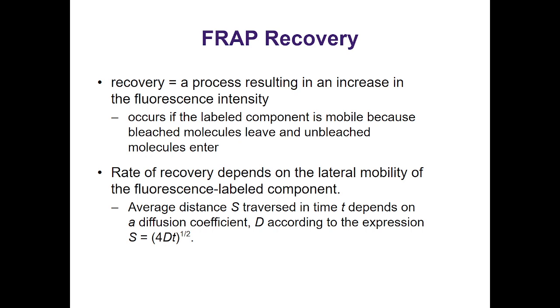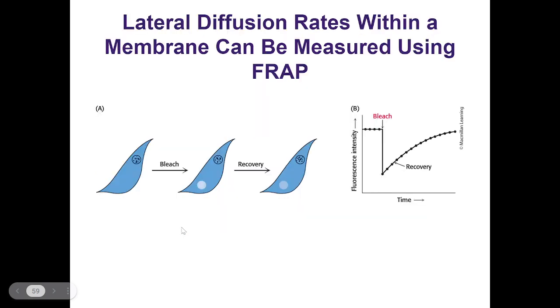Average diffusion distance, S, traversed in time, T, depends on the diffusion coefficient, which is D. This would be expressed by this equation here, which would be the distance equals 4 times the D, the diffusion coefficient, times the time, and this is to the 1/2 power.